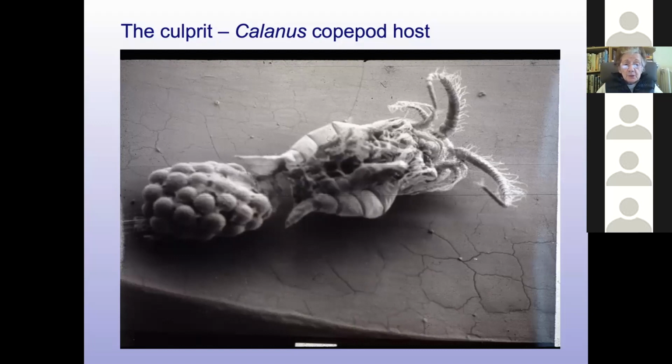The Vibrios coat the egg case, and they also, with their proteolytic enzyme, very likely are either commensal or symbiotic in opening the egg case and allowing the eggs to be distributed into the water column. So the relationship of the Vibrio to the copepod very likely is symbiotic, has not been shown as such, but definitely commensal for sure.